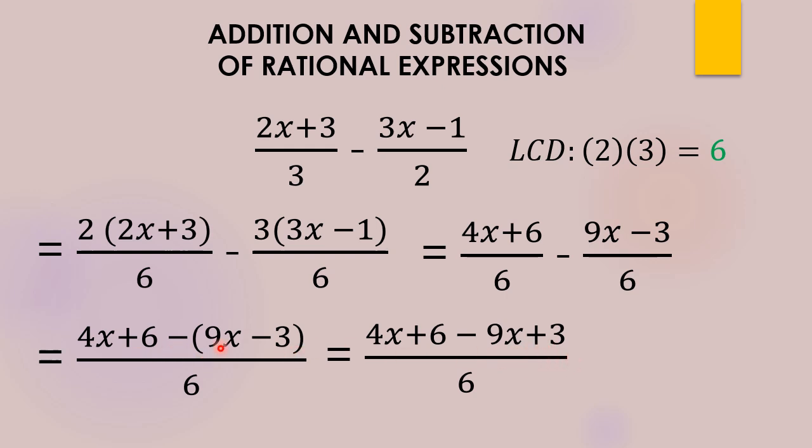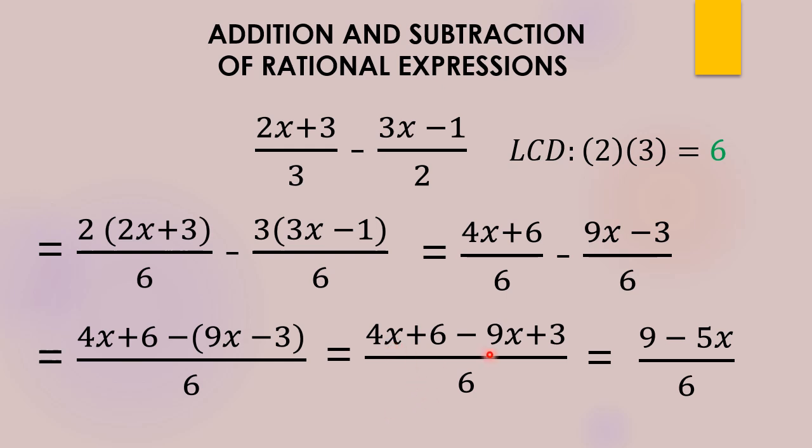Why? Because the sign of 9x is positive, so positive times negative, the sign of 9x is negative. And here, 3 is negative, negative times negative, it will become positive. So that's why 3 here is positive. And then the next is, we combine all similar terms.